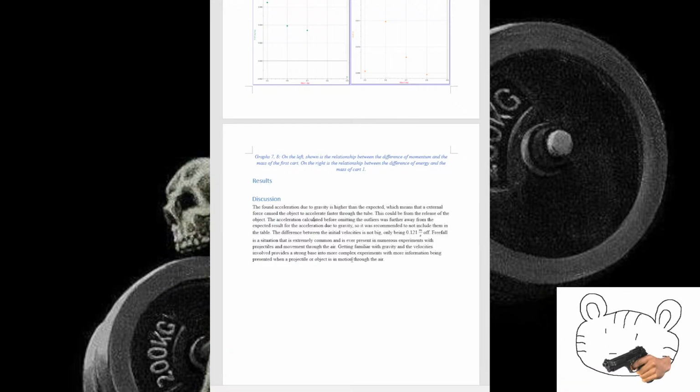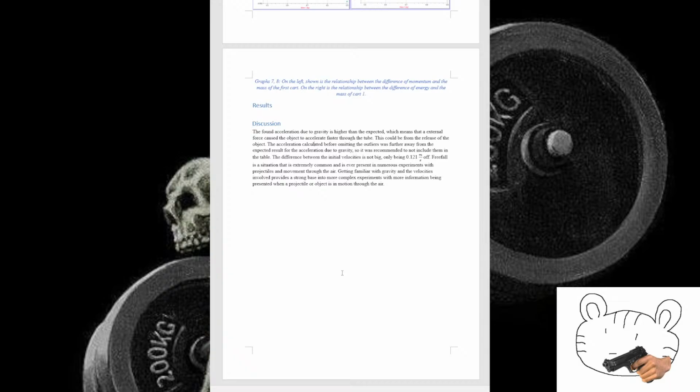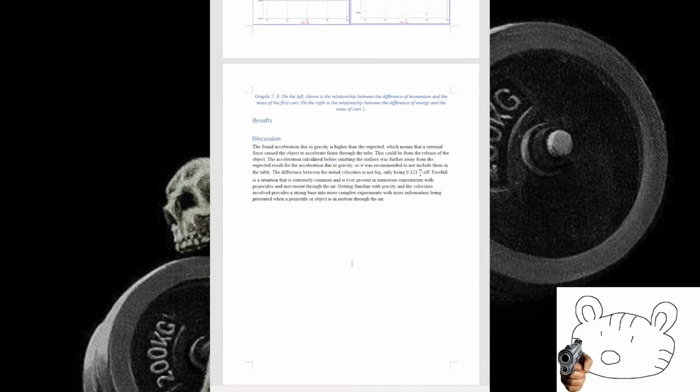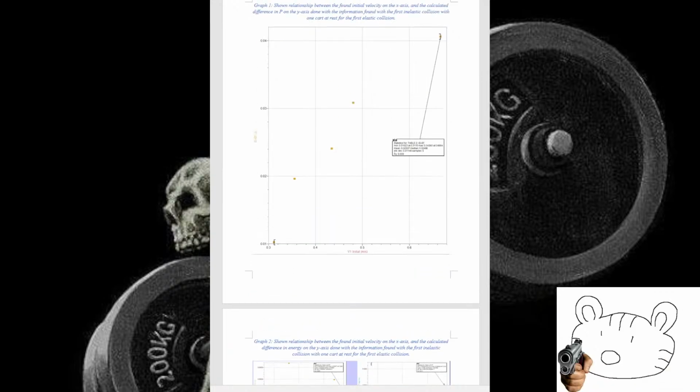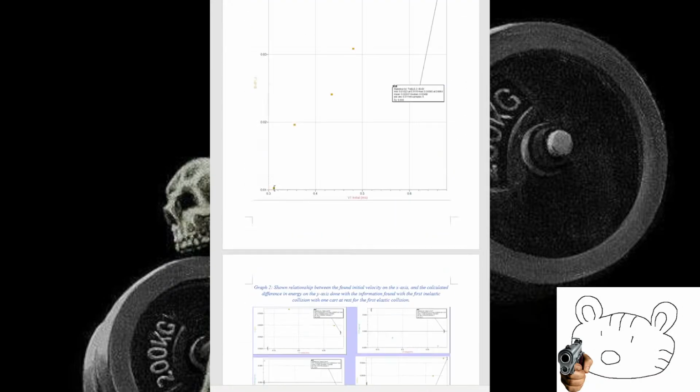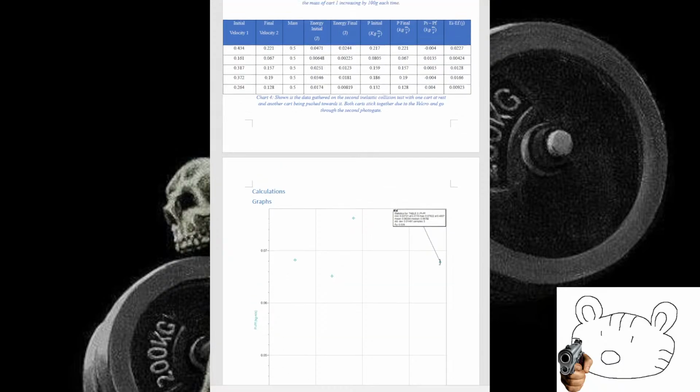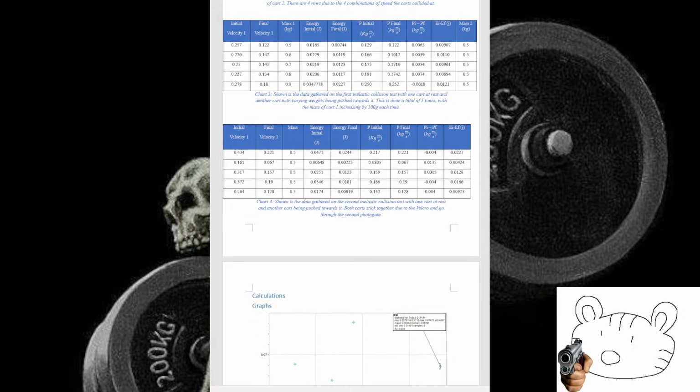That's your discussion. So that's how you write a decent lab report. Of course, for chem ones, you're probably going to have five trillion more calculations and a lot more data, but physics labs are the easiest.